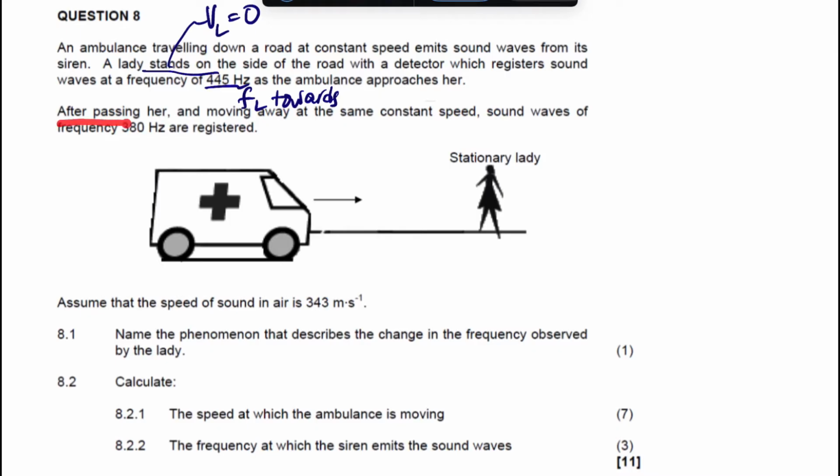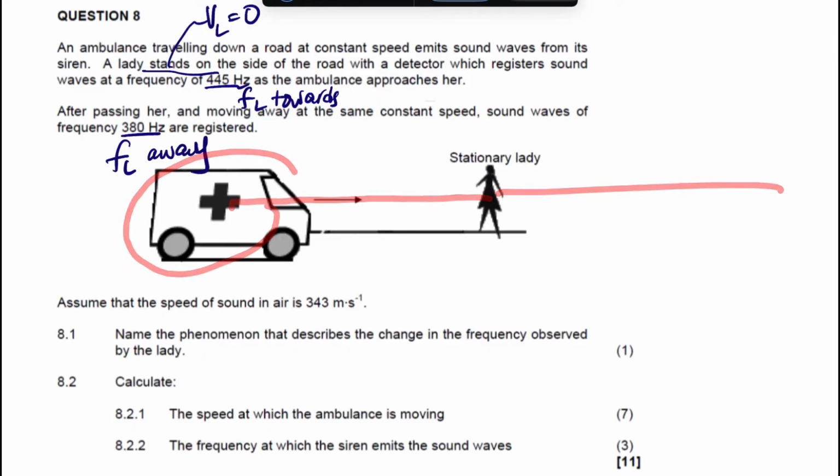Now, after passing her and moving away at the same constant speed, a sound wave of frequency 380 is registered. The lady registered a different frequency, the frequency of the listener, 380, while it's moving away. So we have two frequencies of the listener, while it's moving towards and while it's moving away. The ambulance moved and then passed her.